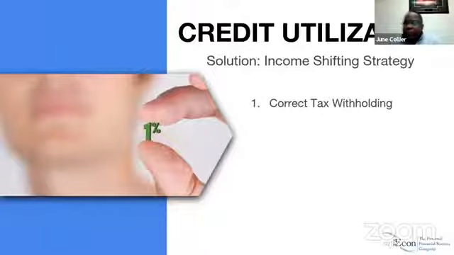The average refund was $3,100 last year, so the average person is typically overpaying by $255 a month. We teach them how to correct their tax withholding. That puts an extra $200, $300, $400, $500 a month back into their pockets. Then we take that money and start applying it to the debt and eliminating that debt.